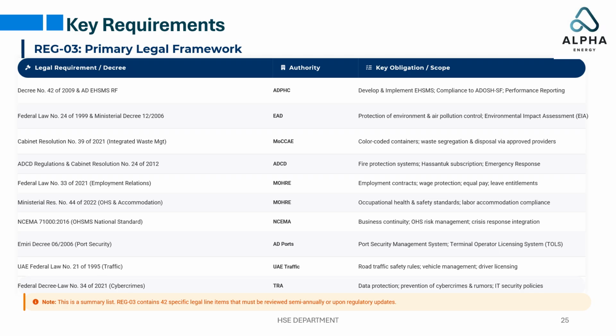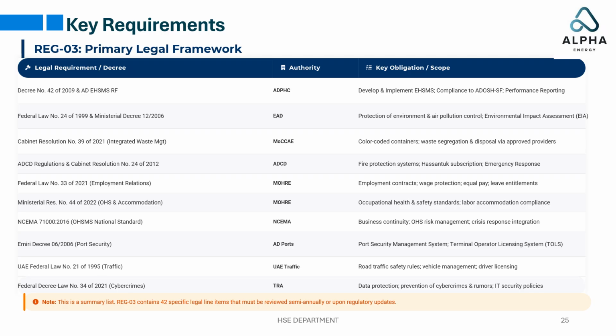UAE Federal Law No. 21 of 1995 on traffic, governed by UAE traffic authorities, establishes road safety rules, vehicle management, and driver licensing requirements. Lastly, Federal Decree Law No. 34 of 2021 on cybercrimes, regulated by the Telecommunications and Digital Government Regulatory Authority, TRA, focuses on data protection, cybersecurity, and prevention of cyber-related offenses.